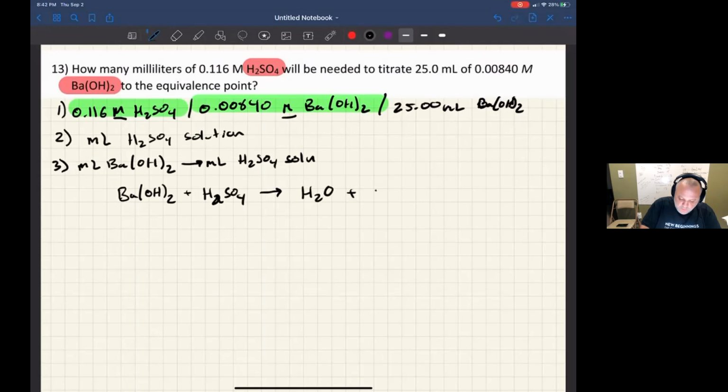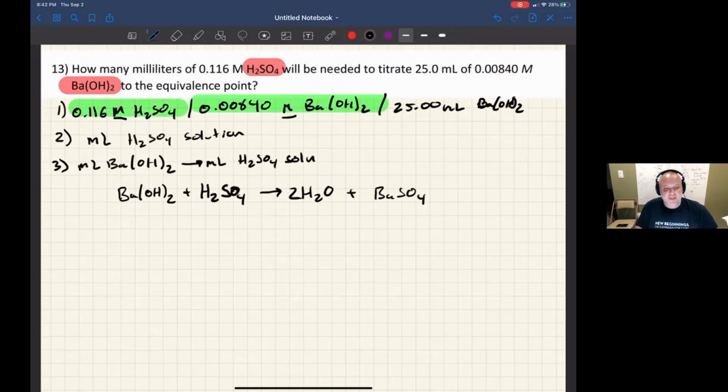So it's going to produce water and barium sulfate. And I've got that 2 in front of the water is all I need in order to finish out the balancing. Let me go ahead and clean this up so it looks just a little better. Okay, so I've got a balanced chemical equation.